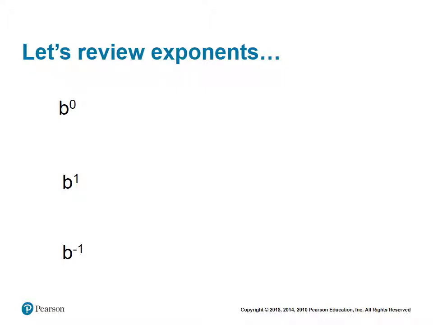Now let's review some exponent rules that you know. If you ever have a base raised to the 0 power, that's called the zero exponent rule, and you've probably learned before that that always gives you an answer of 1. If you have any base raised to the first power, then of course anything raised to the first power is equal to itself.